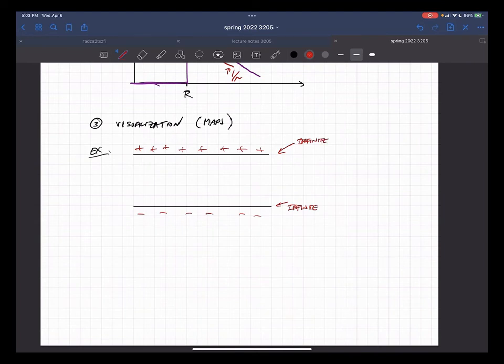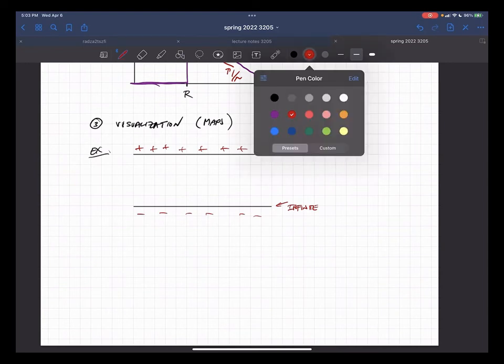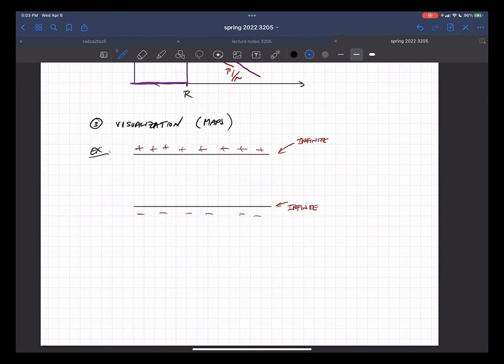So if they are infinite, then, as we've calculated some of these a while ago, an infinite plate has electric field lines going out in both directions.